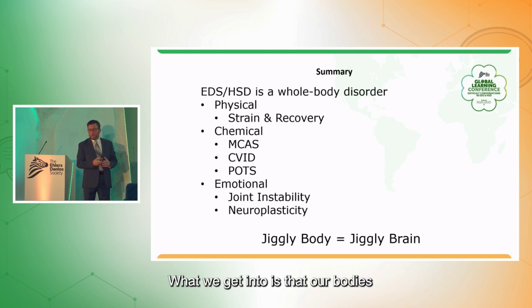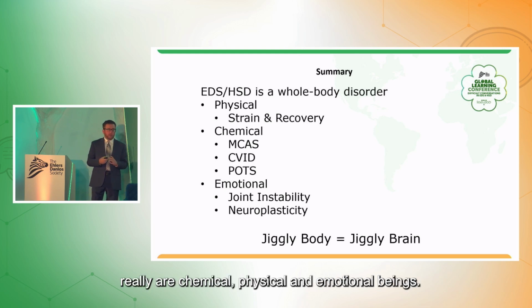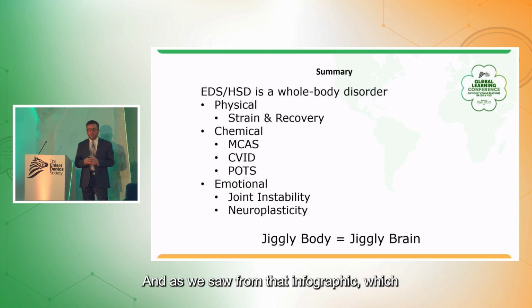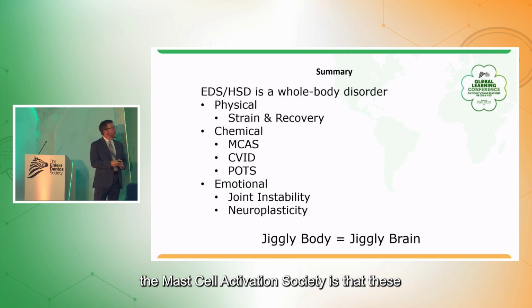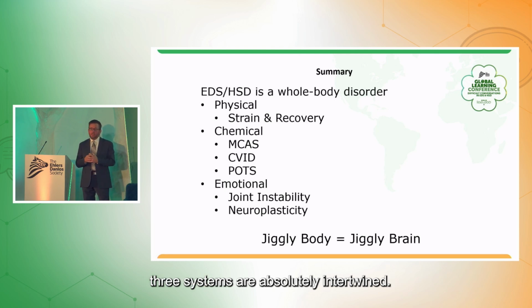What we get into is that our bodies really are chemical, physical, and emotional beings. And as we saw from that infographic, which if I didn't cite it, that was from the Mast Cell Activation Society, these three systems are absolutely intertwined.